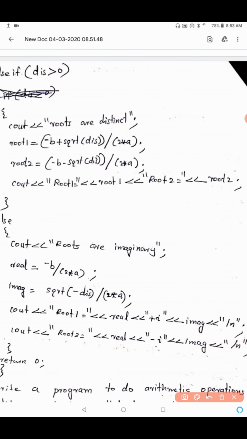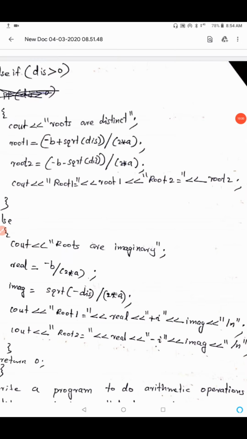Root 1 has a real part, that I have stored in this real variable, real plus i into the imaginary part stored here. In the same way the second root is real minus i, plus or minus is there, so minus i, then the imaginary part.